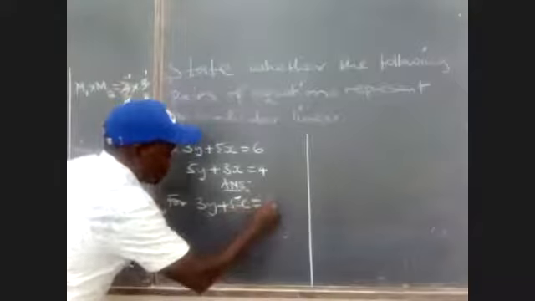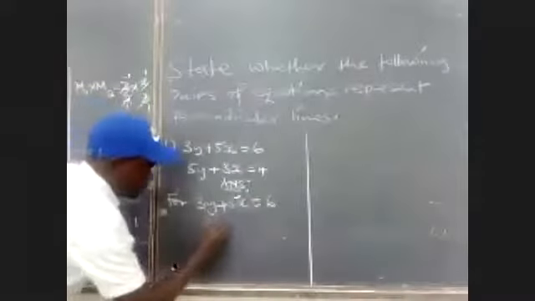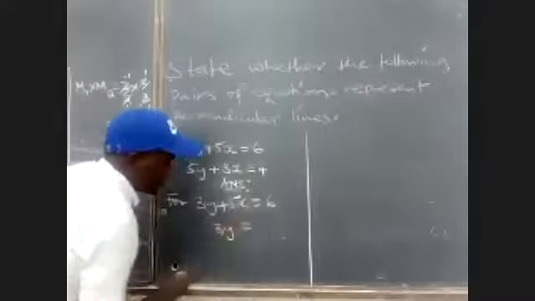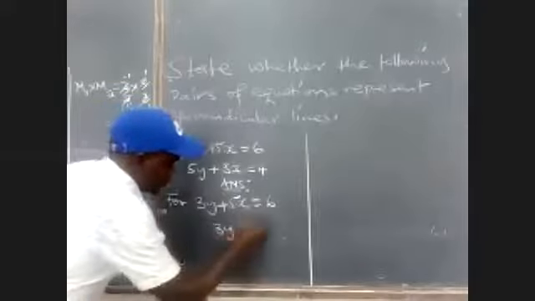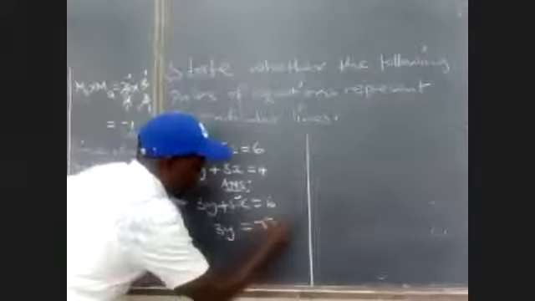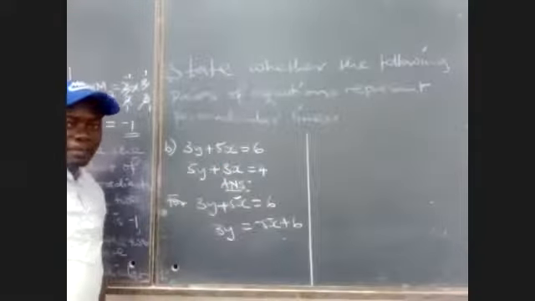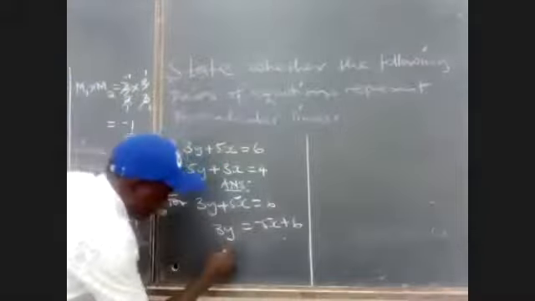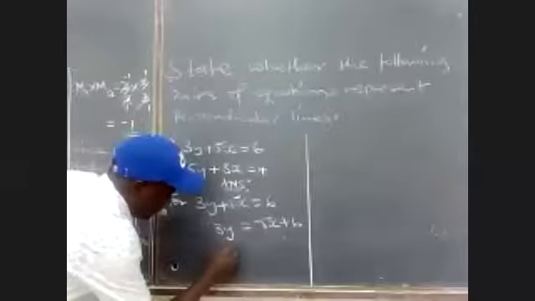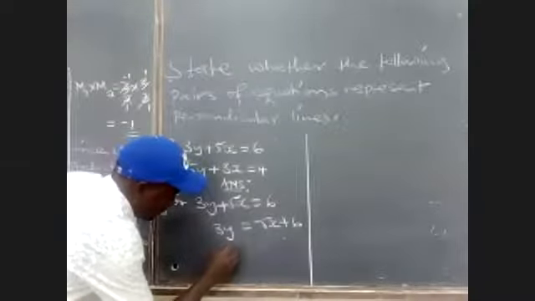3y will be equal to negative 5x plus 6. It is just taking this to the other side. Then we are going to divide all those terms by 3.